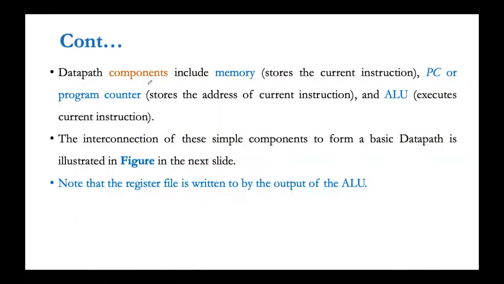The data path components include, first, the memory. There are two memories: one is the instruction memory and the other is the data memory. They are used to store the current instructions and the current data at the given address. The second component of your data path is the program counter, which stores the address of your current instruction.